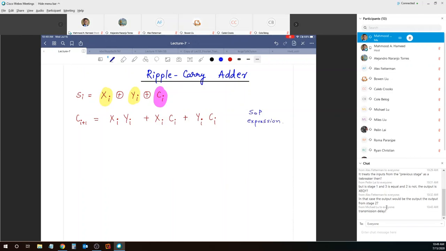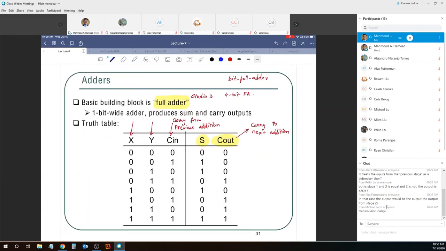Where did I get that from? We had a truth table for the ripple carry adder, and from the truth table I translated that logic into a logic expression for sum S sub i and C sub i plus 1. This is as simple as taking these ones, or you just use K-maps.